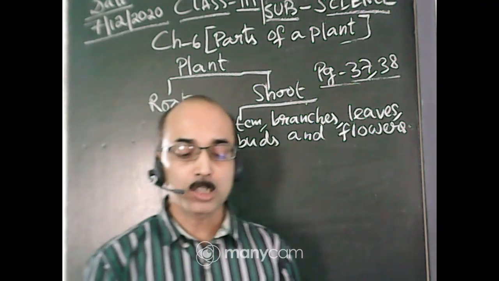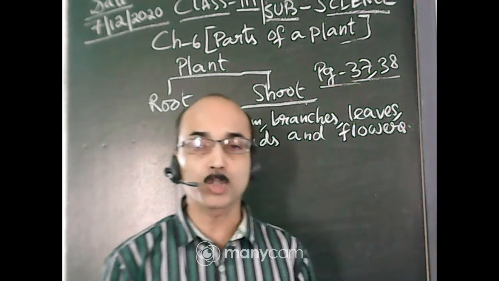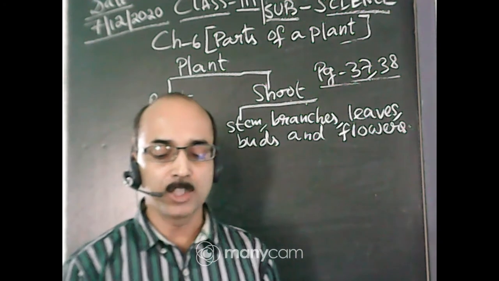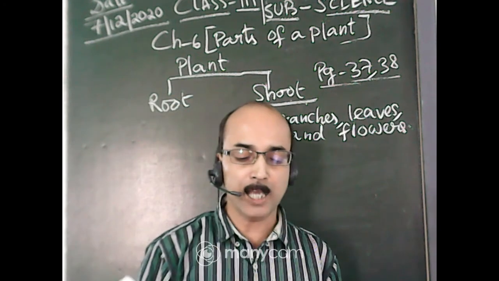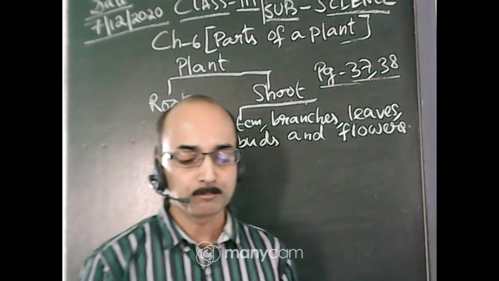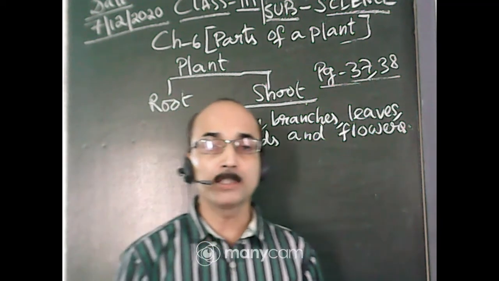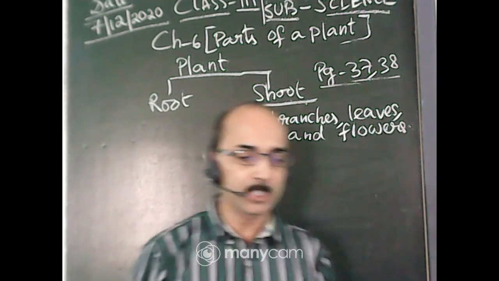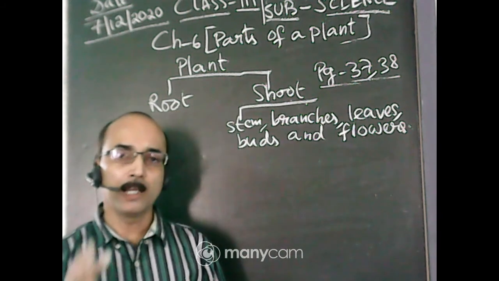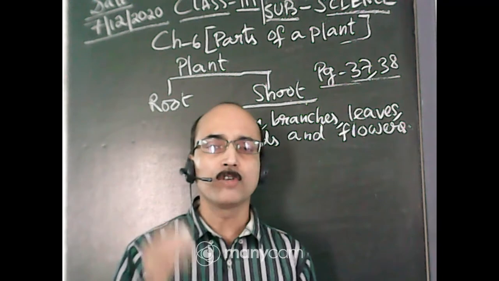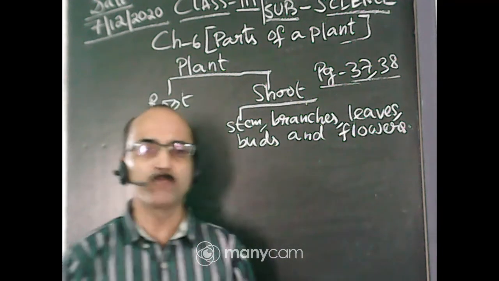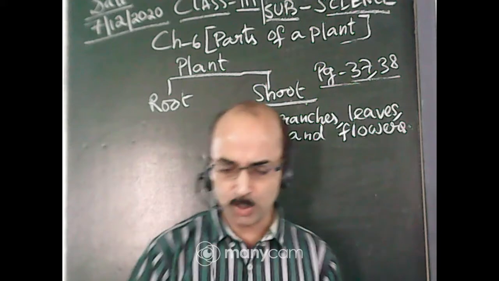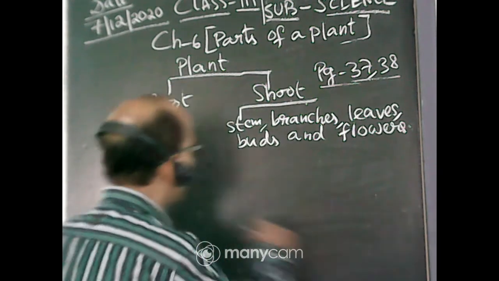Stem stores food in some plants like sugarcane, potato and ginger. We eat such stems as food. You remember this: if an example is asked, write some examples of stems that we eat as food. You can write potato, ginger, onion.